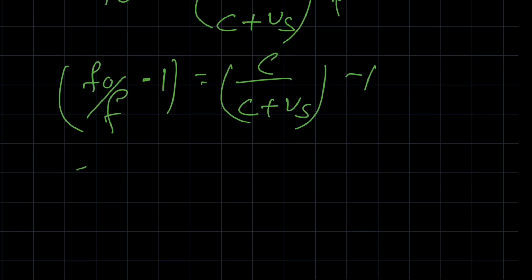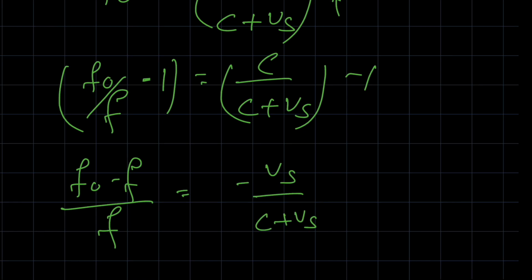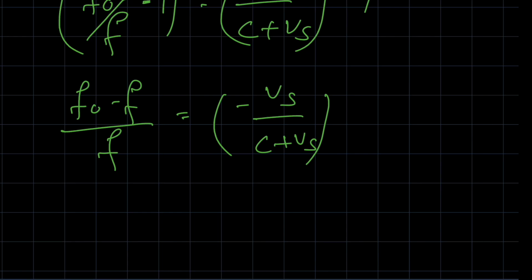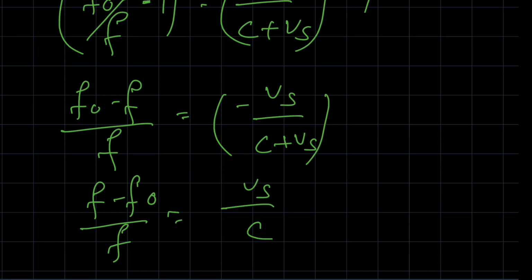So from this relation, f naught minus f equals minus vs over c times f, because c is very much larger than vs, so we can say c plus vs is almost equal to c.